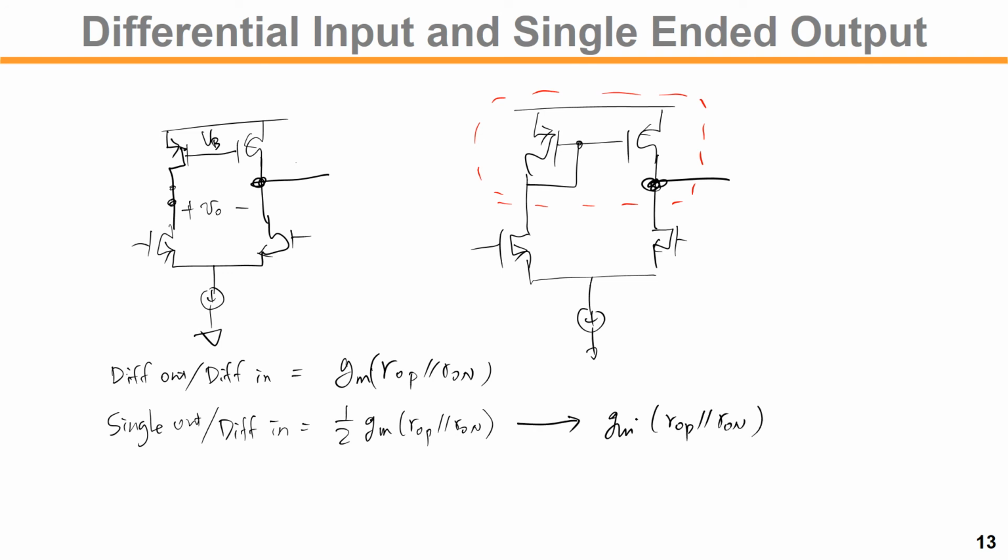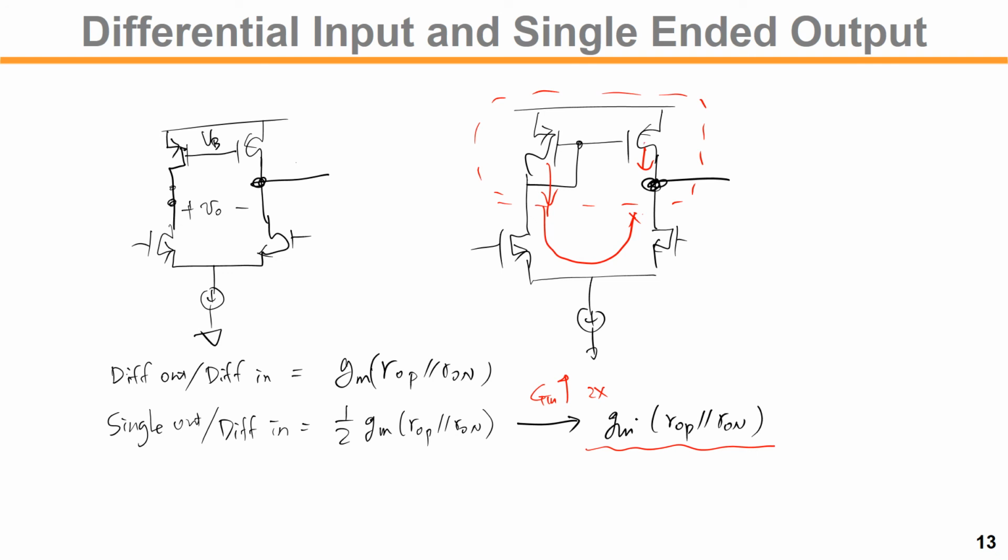Why? Because we are reusing the circulating current through this current mirror, right? So we improve the big gm. So big gm goes up by 2x, right? So that we were able to get this gain out of this circuit.